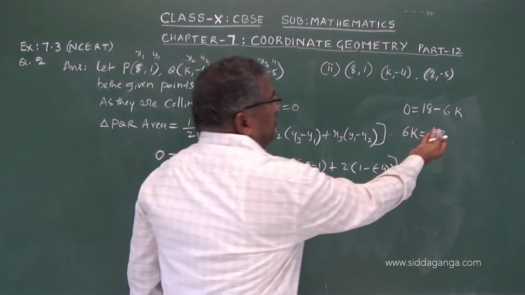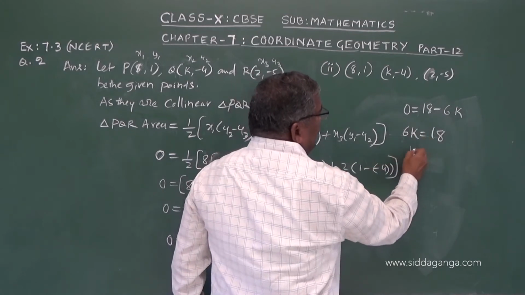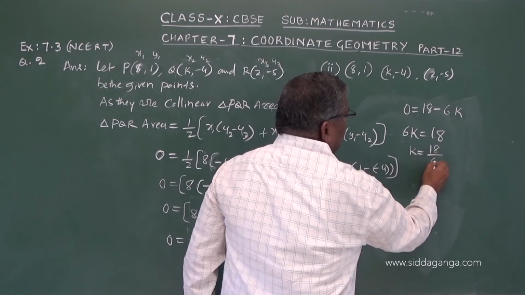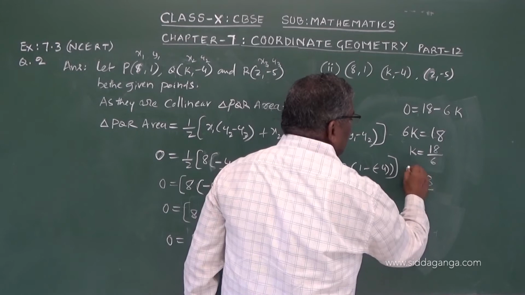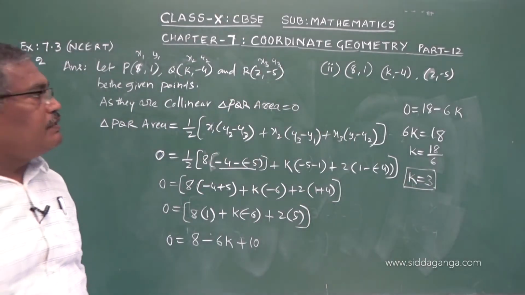When we take it to the left side, it becomes plus. So k equals 18 by 6, k equals 3, since 6 3s are 18. So k equals 3 is the answer in this case.